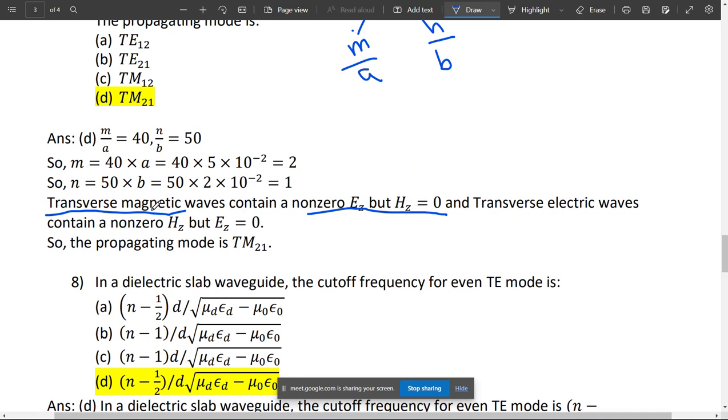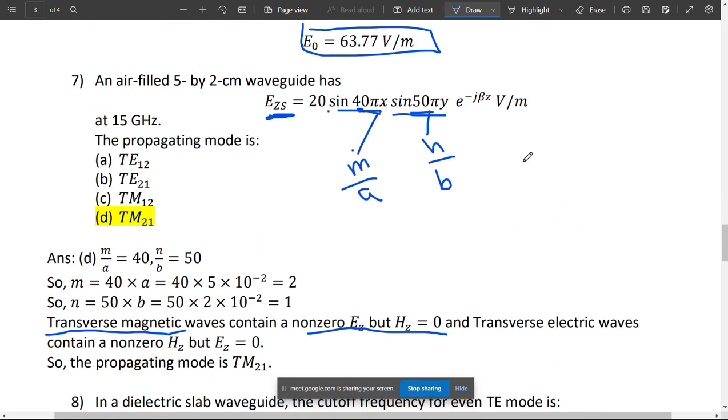For a transverse electric wave, Ez will be 0 and Hz will be non-zero. Since Ez is given to us, it won't be TE mode. It can only be TM mode.